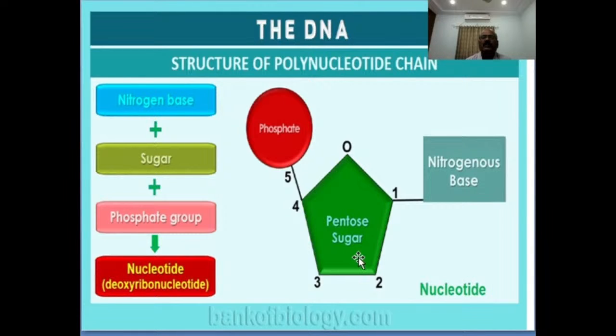That means 5 carbons are there: 1, 2, 3, 4, 5. This is the nitrogen base. These 3 together, nitrogen base, sugar, phosphate, are called a nucleotide. Whereas a nucleoside possesses only sugar and nitrogen base.